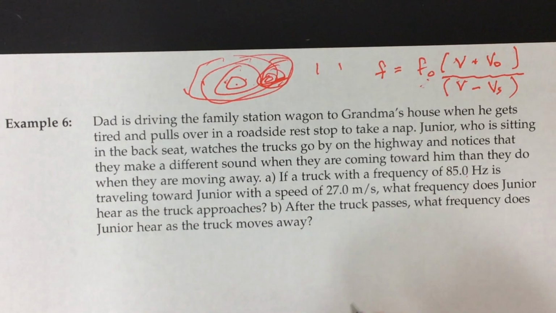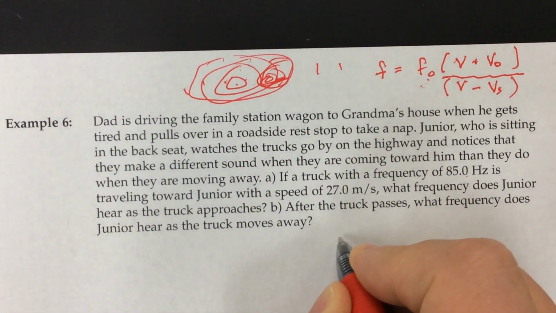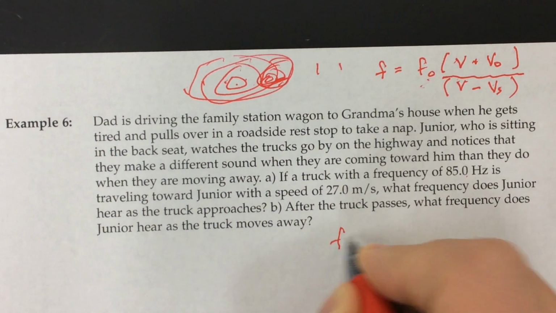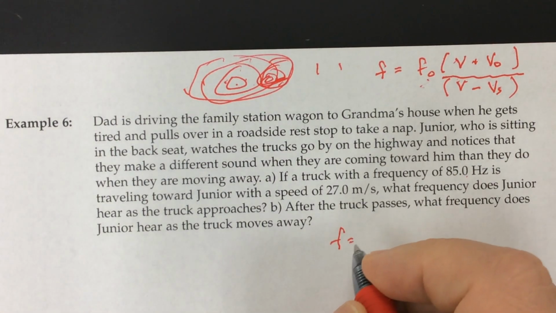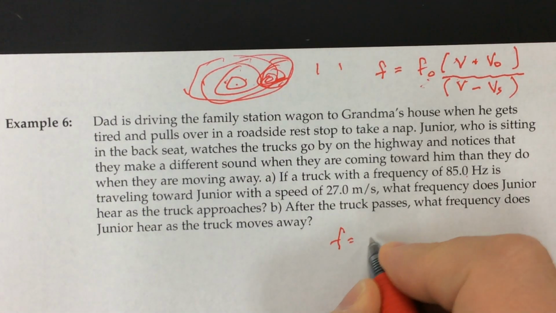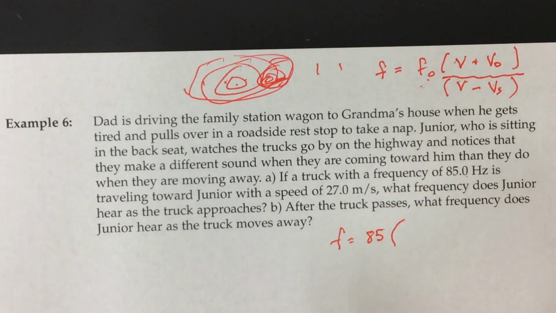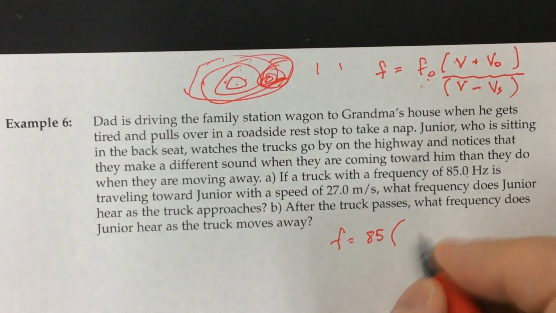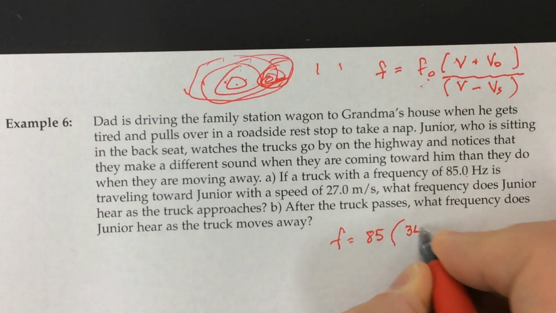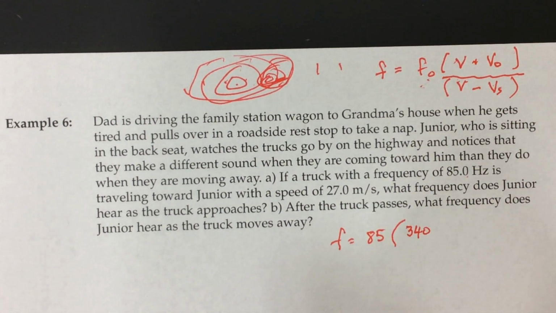Okay, so we have to fill in. So the first one is going to be the speed of sound. So we're going to first of all have that the sound is making 85 hertz. Okay, 85 hertz times, right? So we're going to have the 340 because that's the speed of sound, meters per second.